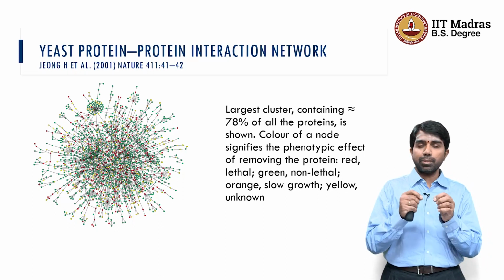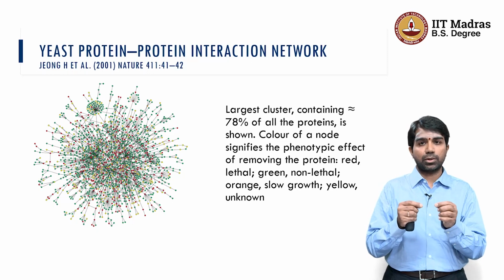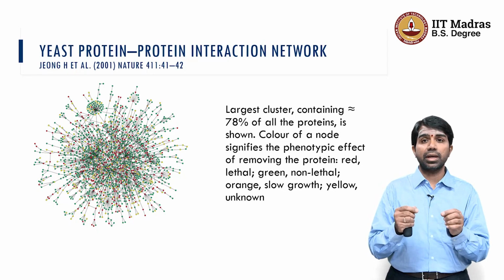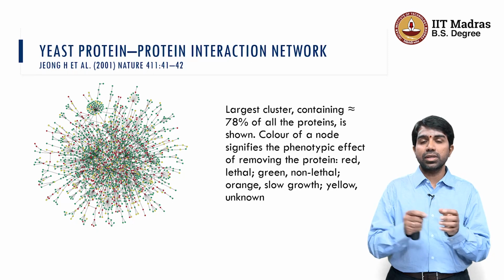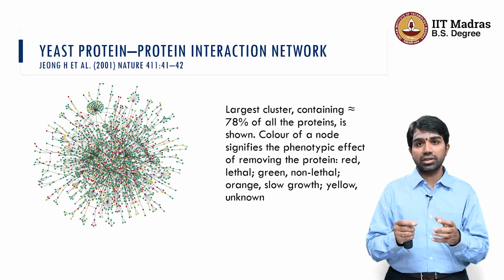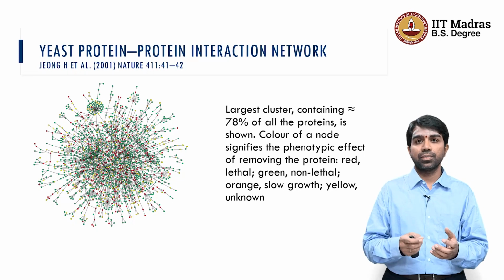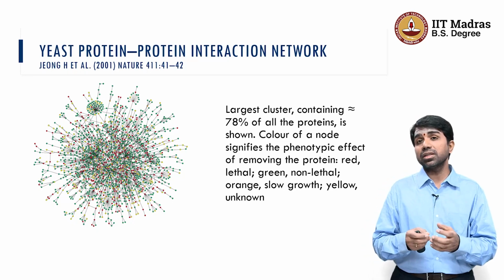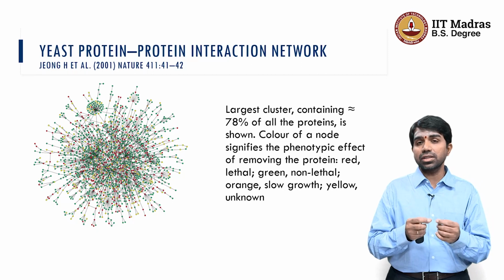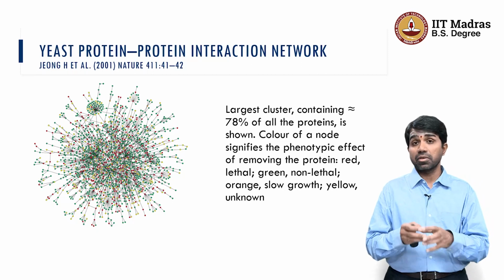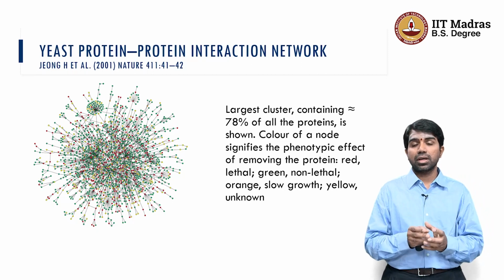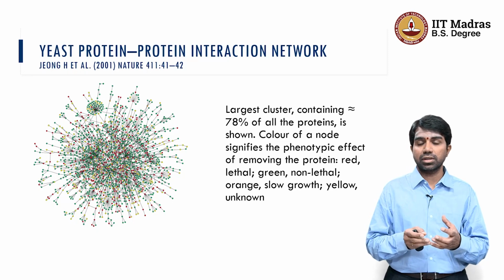Now you take every pair of proteins that bind or interact with each other and you connect them by an edge. And what you get now is a protein interaction network that has as many nodes as proteins in yeast. And now you can imagine that it is possible that some of these nodes may be disconnected from a large network even, right? We've looked at the concept of connected components and so on.